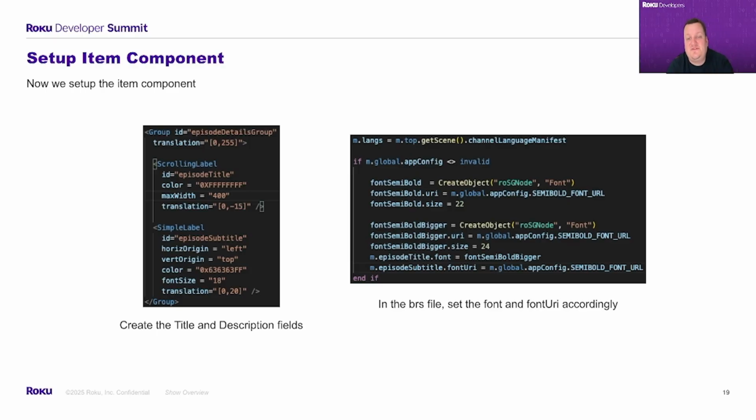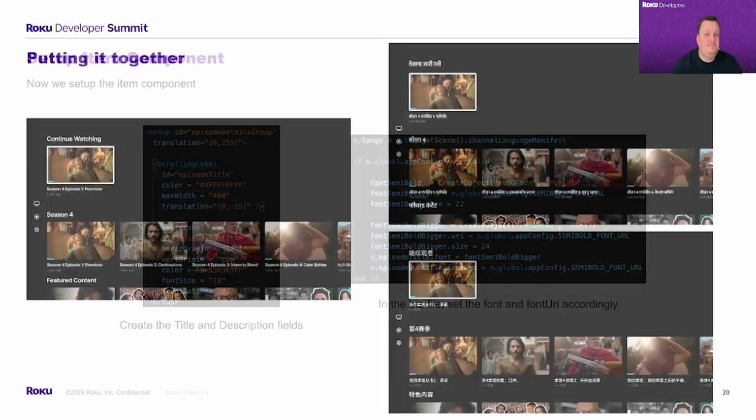So in our BRS file, we set our font URI to our global app config semi-bold URL. Since it dynamically gets set based on whether the user chooses it or not, when this changes and gets repainted, it gets done correctly.